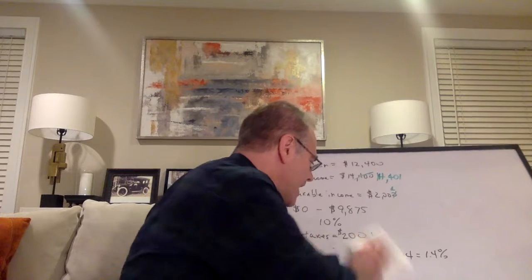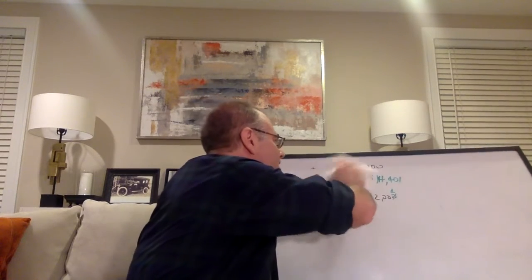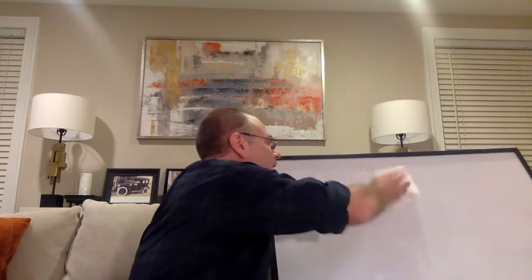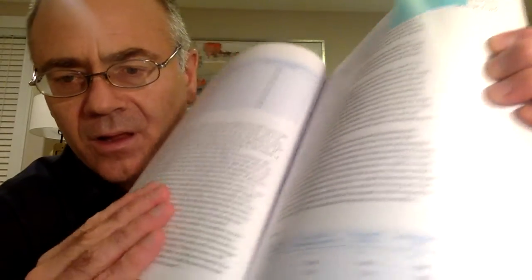Okay, now let's discuss marginal and average costs. I'm going to go back to chapter 4, and I'm going to look at table 4.4.